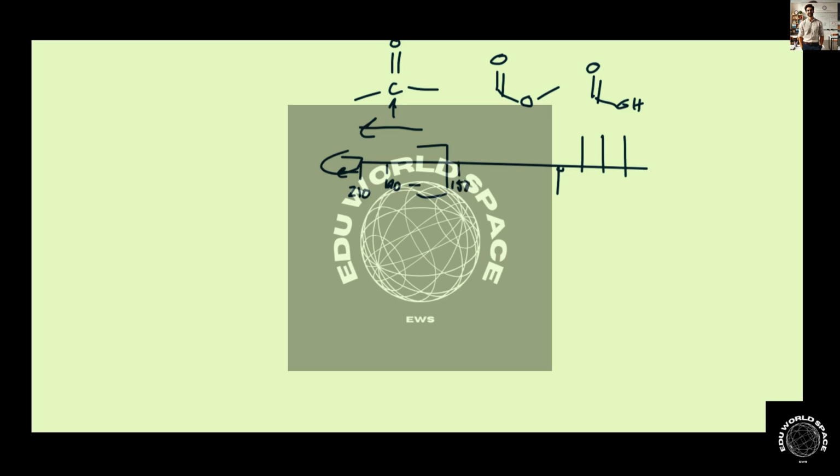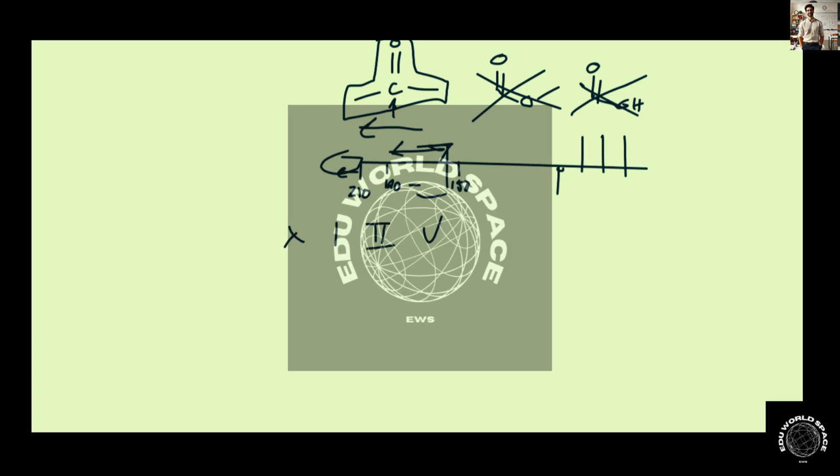So if we don't see anything between 150 and 190, then we don't have an ester and we don't have a carboxylic acid. We do, however, know that we have a ketone or an aldehyde. So we can pretty much from that information alone already rule out 1, 2, and 5.